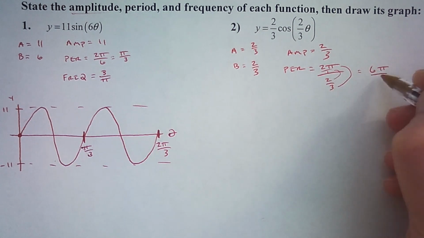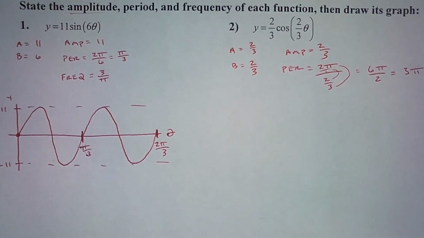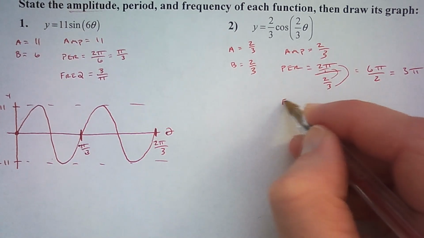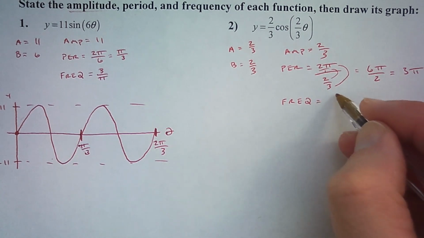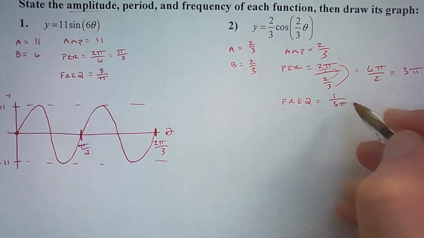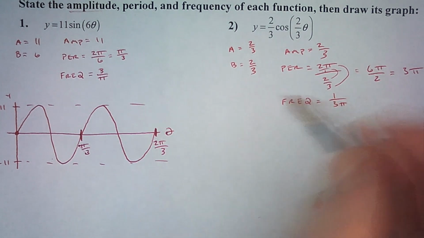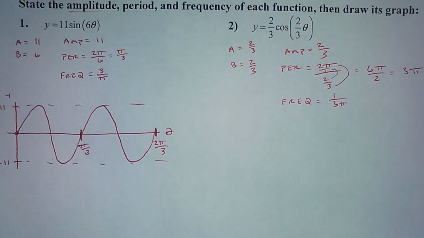My inner loop, multiply those and I get 2, which simplifies to 3 pi. So the period is 3 pi. Okay, we also want the frequency, which is the reciprocal of the period, which is 1 over 3 pi, which means it repeats itself once every 3 pi, just like this repeats itself 3 times every pi.